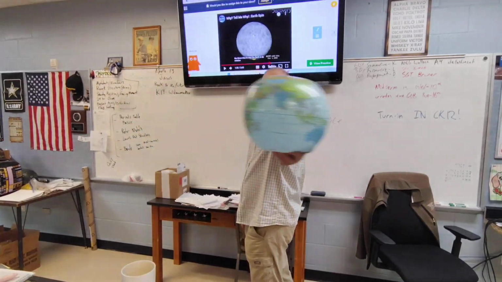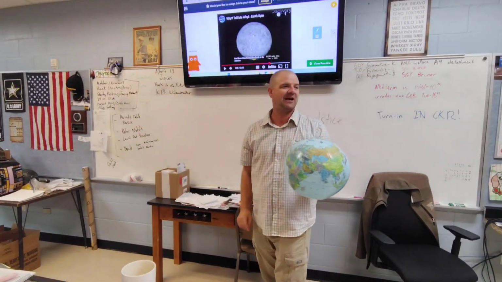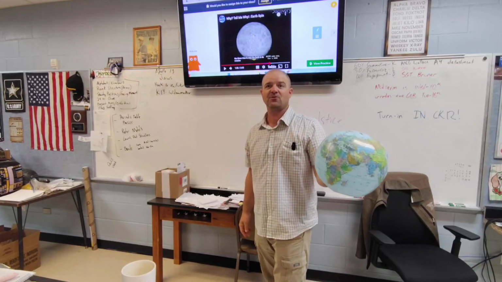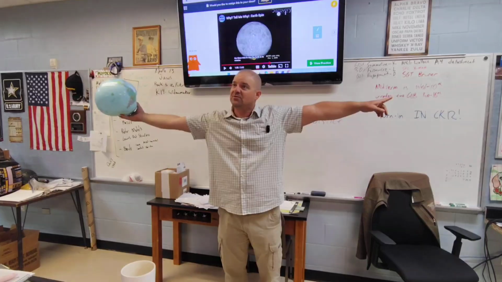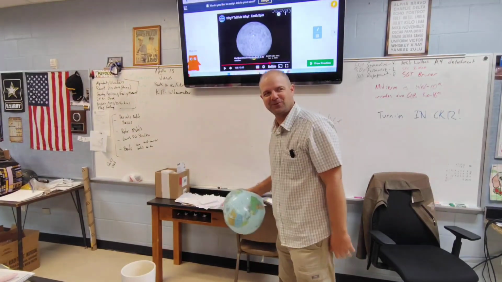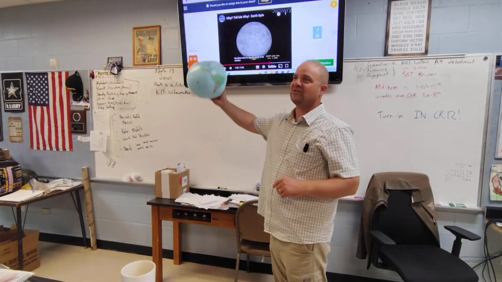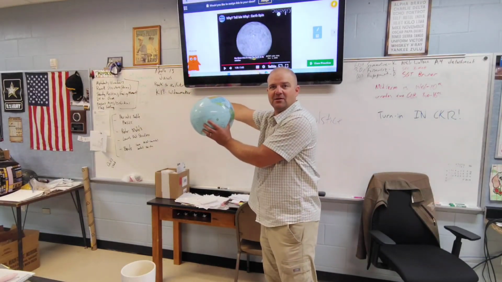But if the sun was over there and the moon's over here, we'd see nothing but the lit side of the moon, correct? So you'd see a full moon. If the sun's over there and the moon's over, wait, what did I say the sun was over there? I'm confusing myself. If the moon and the sun are on the same side, the lit side would be on the other side.